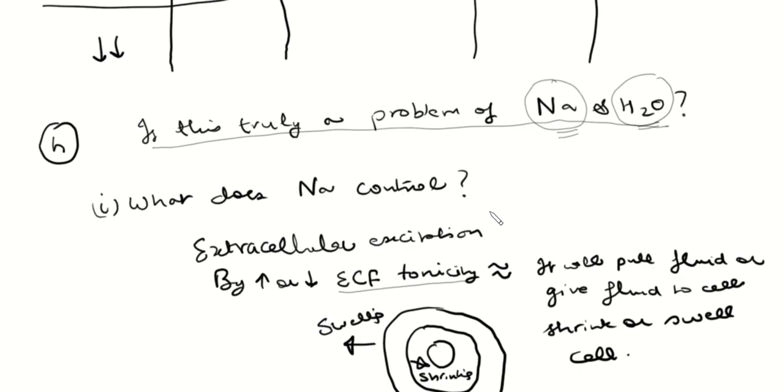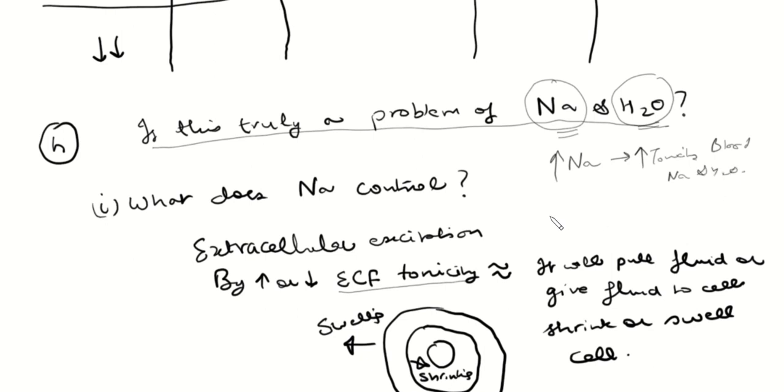Okay, we talked about false or pseudo hyper and hyponatremia, and because sodium is the biggest contributor of extracellular tonicity, if you have high sodium, I am expecting high tonicity or high osmolarity in the patient's blood if it is a problem of sodium and water.